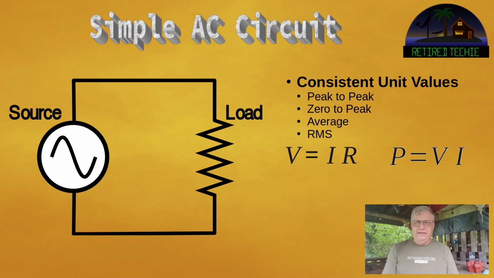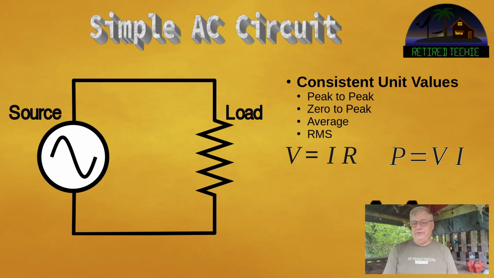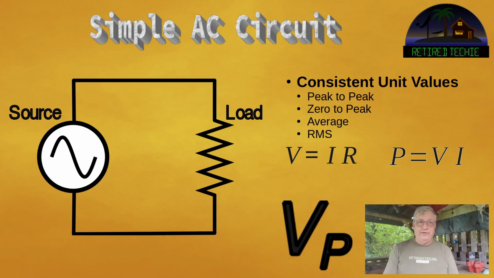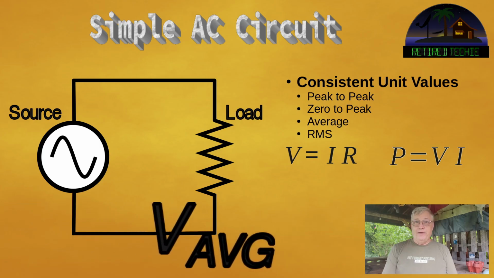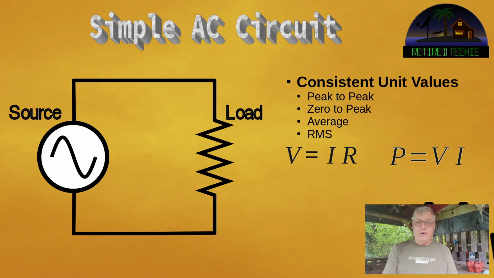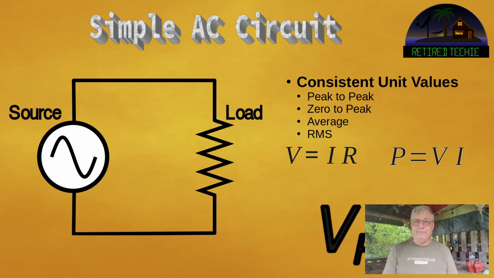That's the really big difference between doing AC and doing DC in a simple circuit like this, is what we're measuring the voltage as. And like I say, I recommend using RMS for most things and carry that through. So you have like your V with a small RMS subscript, or your I with a small RMS subscript, or even power with a small RMS subscript. But yeah, watch those units.